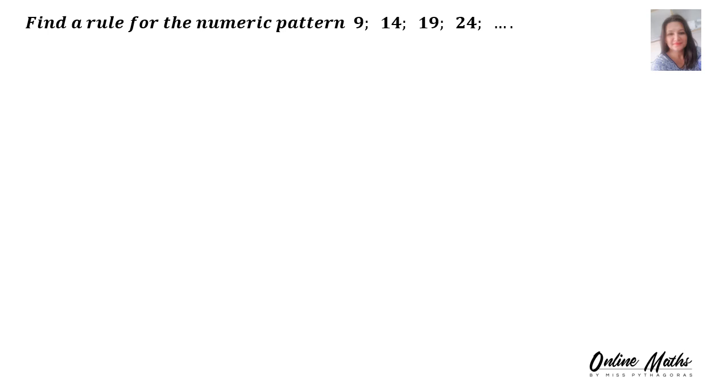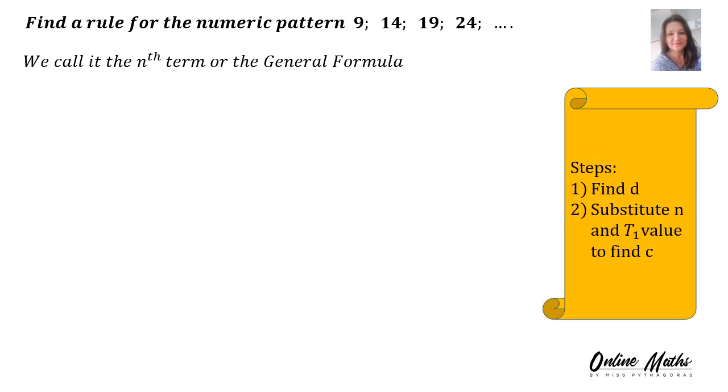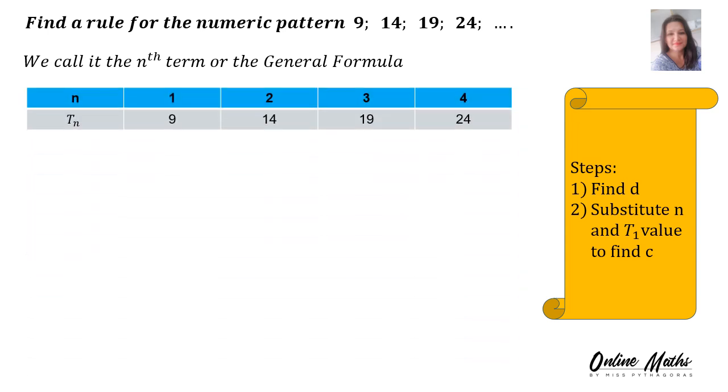Find a rule for the numeric pattern 9, 14, 19, 24. So a rule, we call it the nth term or the general formula. There are some steps for you. Step 1, find D, the constant difference.